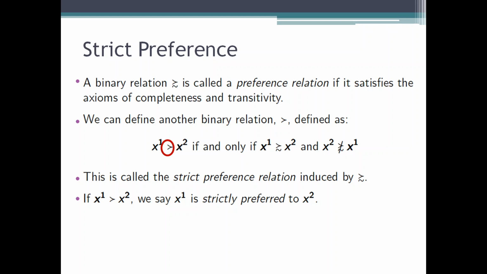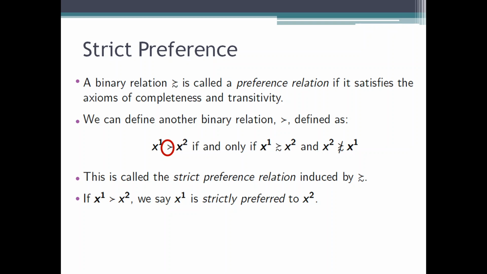When I say that x1 is at least as preferred as x2, this means that in bundle x1, all goods might either have the same quantities as x2, and some other commodities might have higher quantities than x2. So this is why we say that it is at least as good as, at least as preferred as: in some commodities it has higher quantities, while in others it has the same quantity as x2.